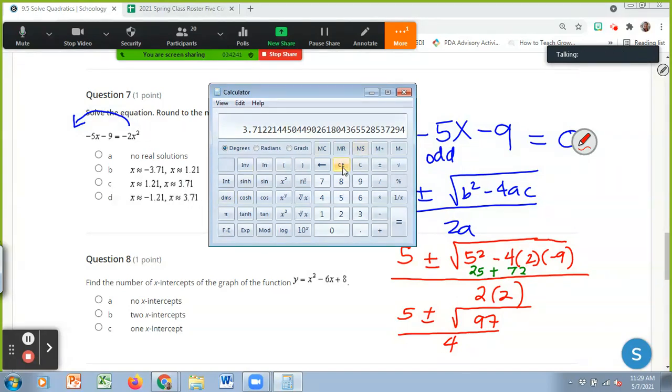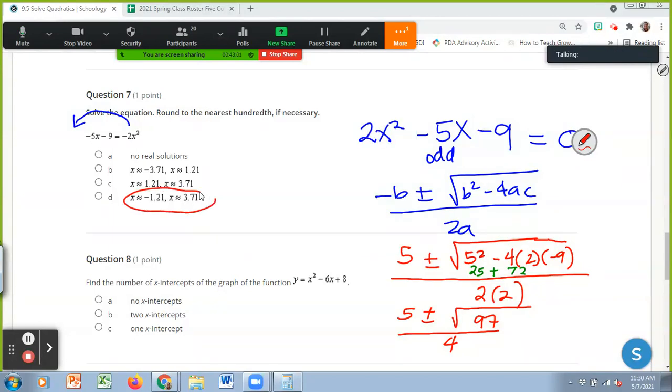So 3.7, and then 97 square root to the negative plus 5, divided by 4. Okay, so positive 3.7 earlier and then negative 1.21. All right.